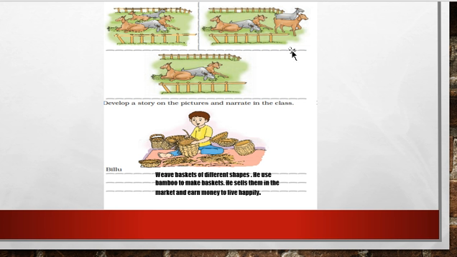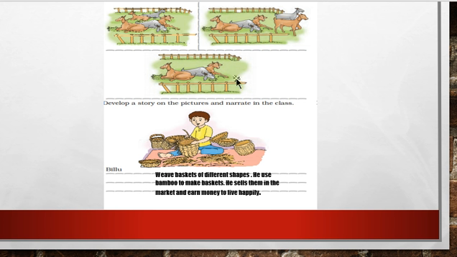In the last worksheet, these pictures are given, means some goats are sitting, some goats are going, and how many are left. So you can develop the story by telling them, these are the goats. You can make 5 goats, 7 goats, and one is going or 3 are going out from there. Then how many were sitting or eating there?